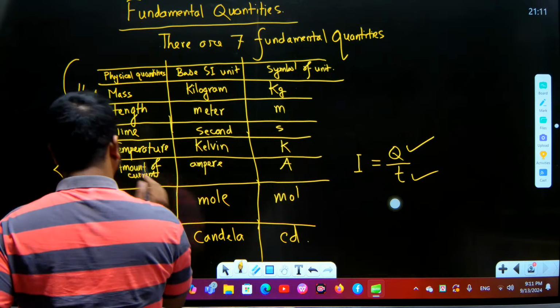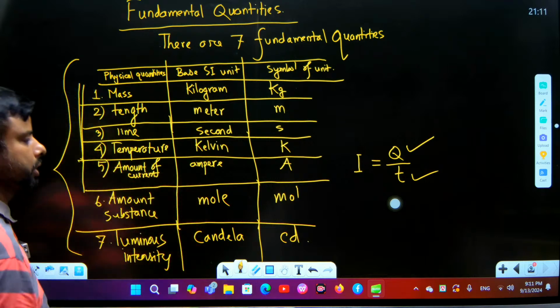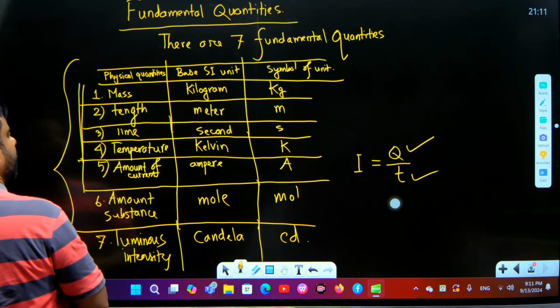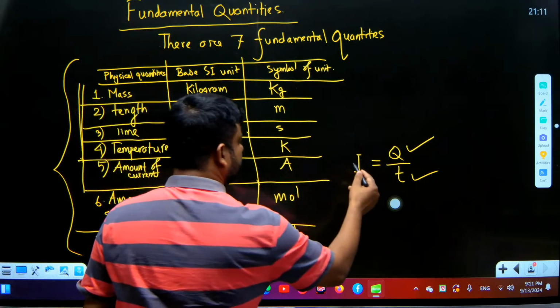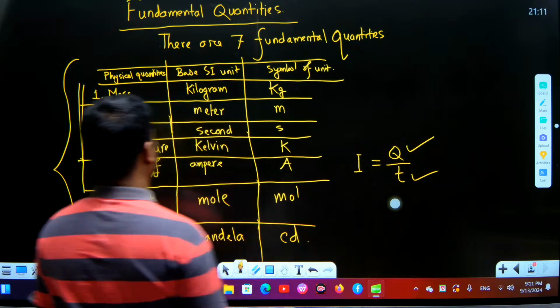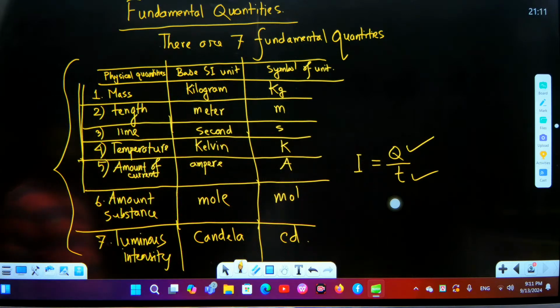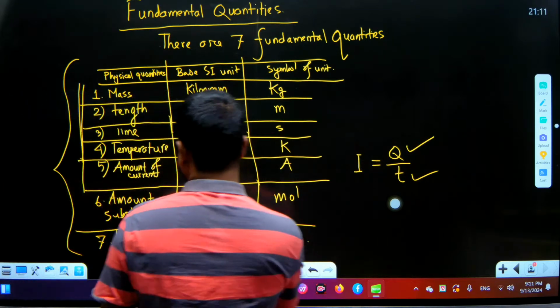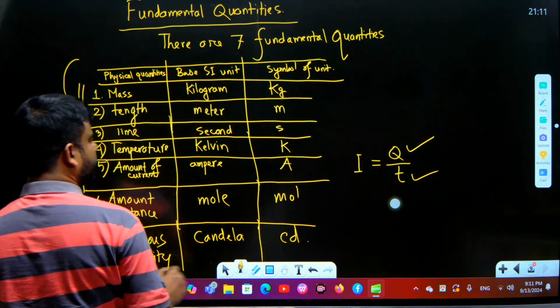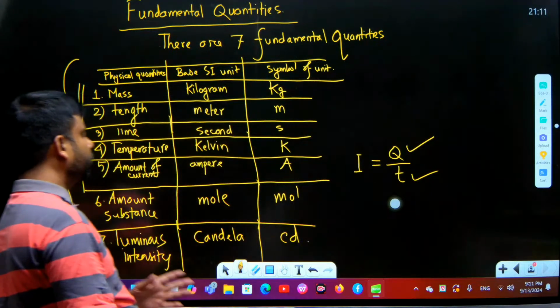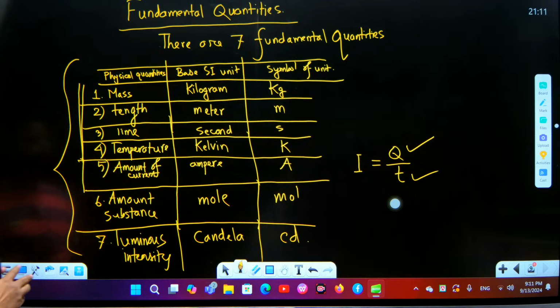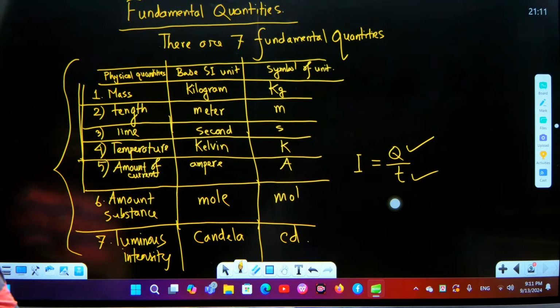So remember, we follow this chart. There are 7 fundamental quantities. Though current equals the rate of flow of charge, we follow this. Amount of substance, mole: if we express a molecular mass in grams, that amount is known as 1 mole.